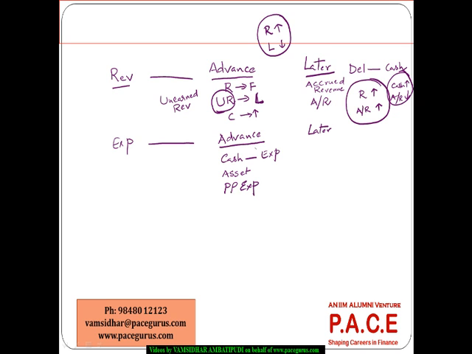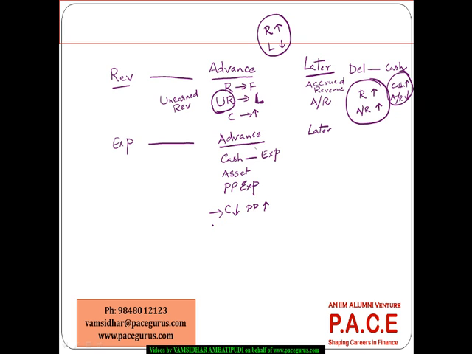So whatever cash has been paid now will result in cash going down, and prepaid expenses, which is an asset, going up by the same extent. Again there is a drop in cash and an increase in prepaid expenses, resulting in a balancing.